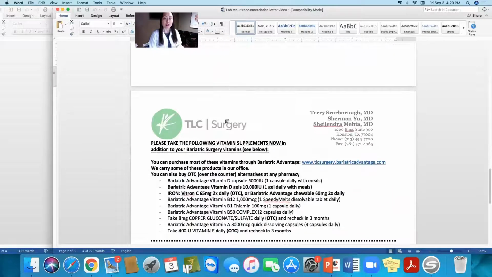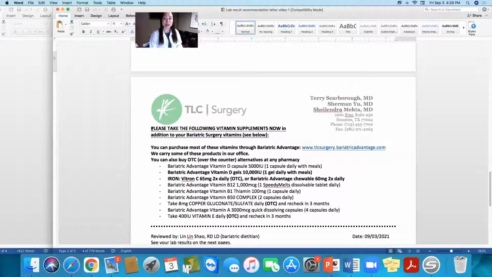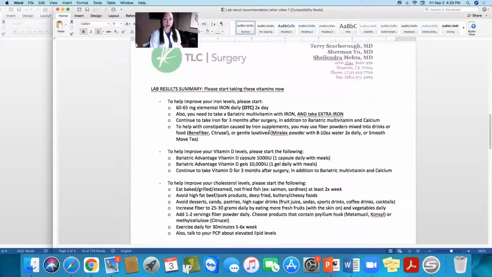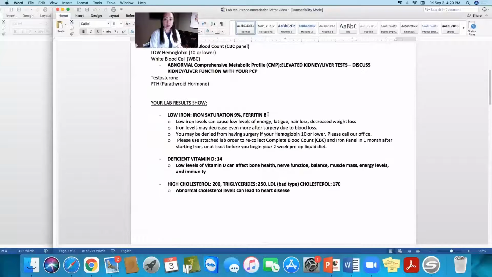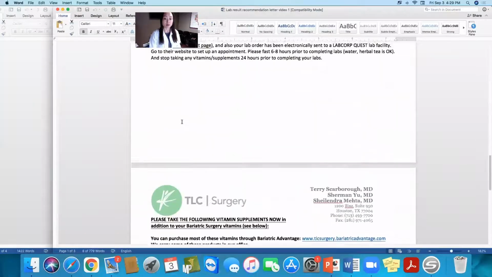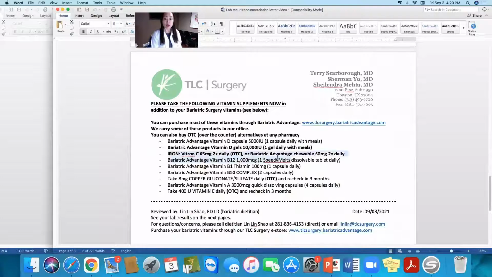All righty, this last section is basically a summary of what you need to do. So these are the vitamins that I want you to start taking now, in addition to your bariatric vitamins. So let's start back a little bit earlier to this section. Your iron levels were low. So I'm going to recommend that you take extra iron.